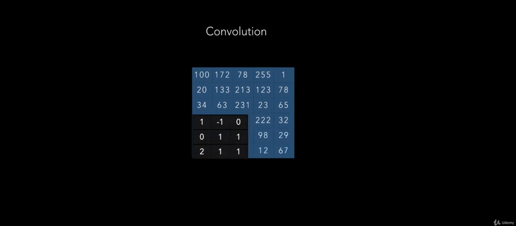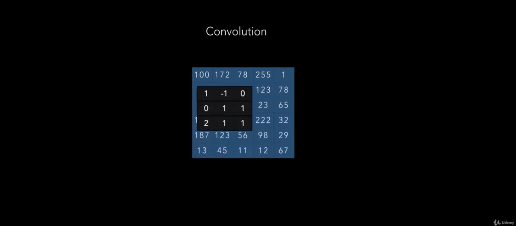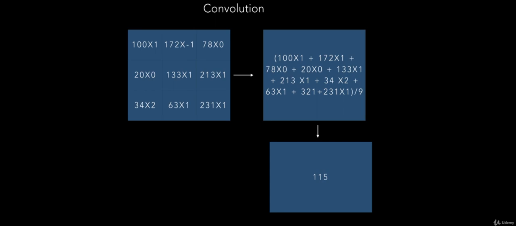Okay, the final output will be a 3 by 3 matrix. Remember, our original matrix was 5 by 5. Let me show you again. This was the output for a single 3 by 3 part of our original matrix. So each 3 by 3 part will be reduced to one cell, so 9 cells will be reduced to 1.